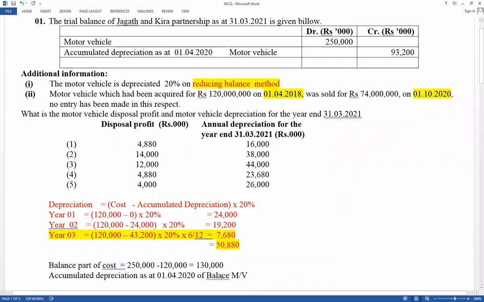Reducing balance method. This is the most difficult part. Given accumulated depreciation 93,200 opening balance. From that value, deduct accumulated depreciation of disposal assets up to the beginning of the year. We cannot take the total.